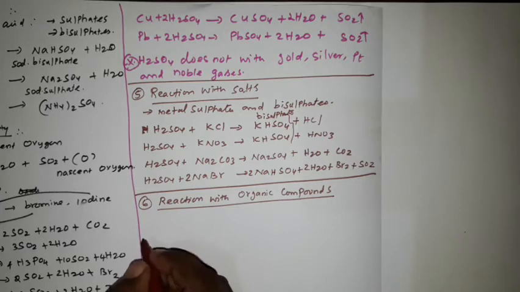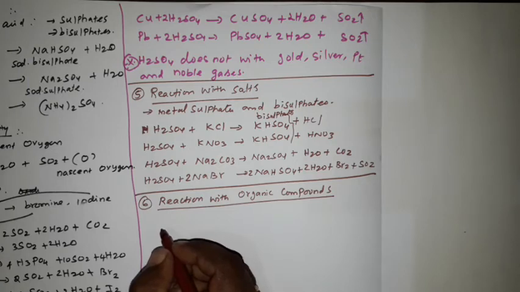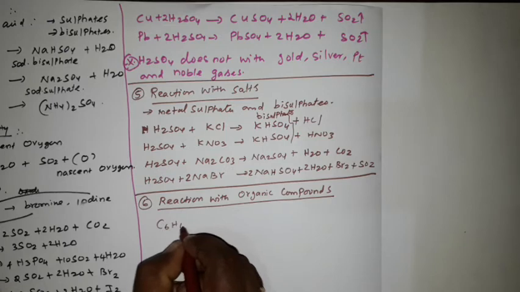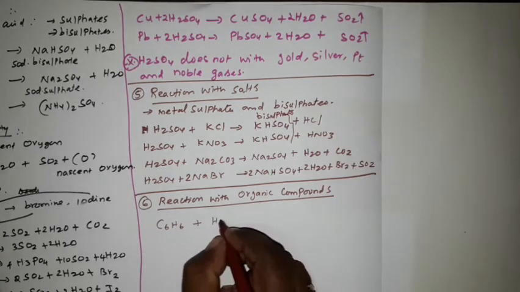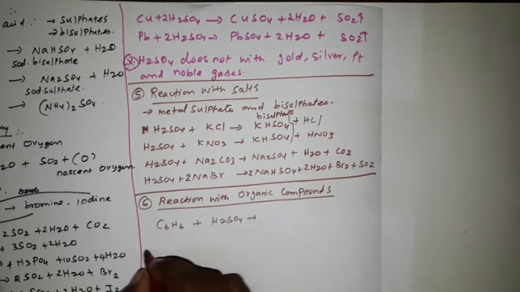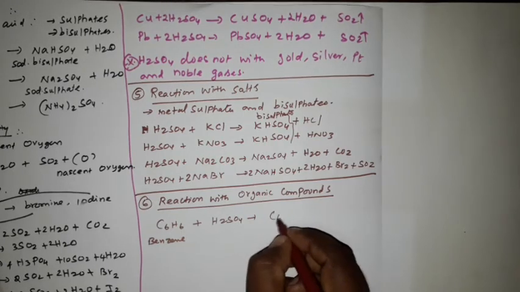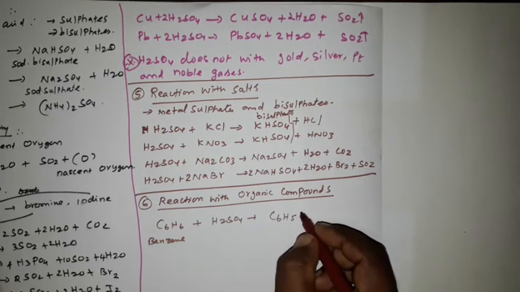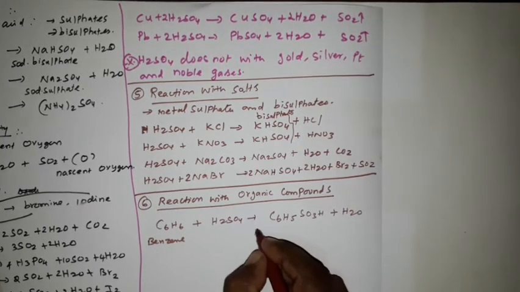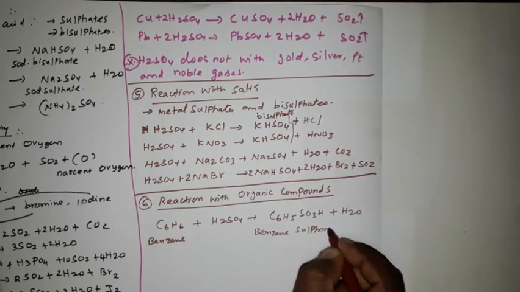When benzene reacts with sulfuric acid, we are getting sulfonic acid. So benzene, C6H6, plus H2SO4, sulfuric acid, will produce benzene sulfonic acid, C6H5SO3H, plus H2O. This is benzene sulfonic acid. Okay.